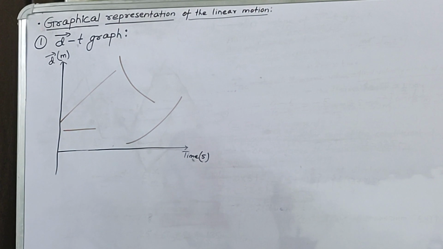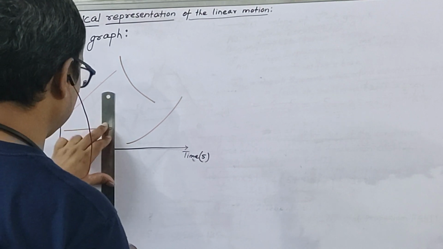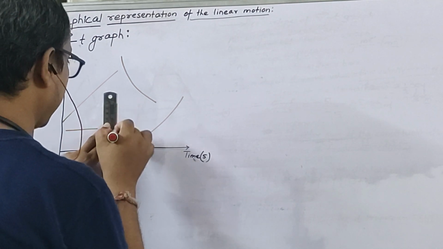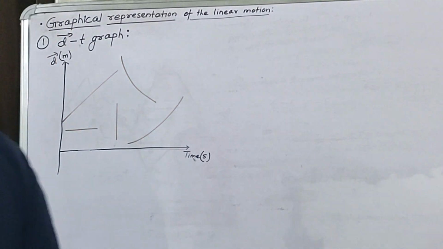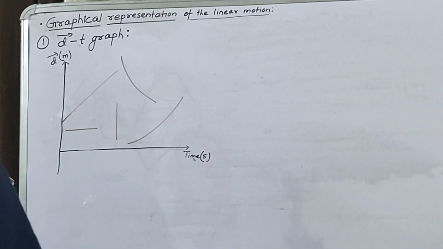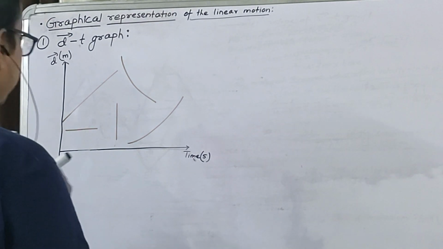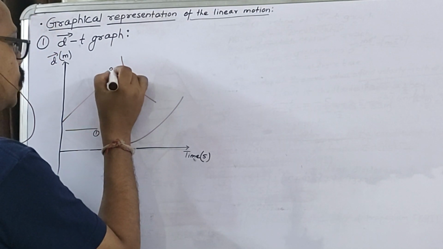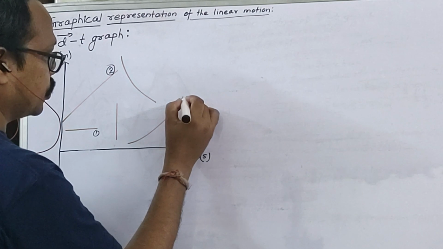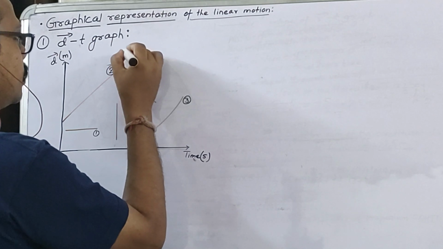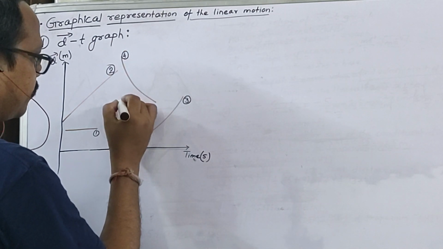I am trying to draw a graph which is perfectly parallel to the y-axis. So this is another type of graph, and moreover, there can be different other types of graphs also. So let us call them the displacement time graph for body 1, body 2, body 3, body 4, and body 5.